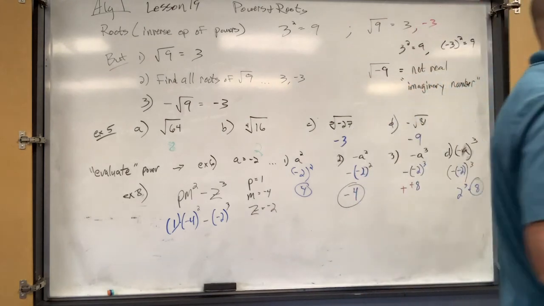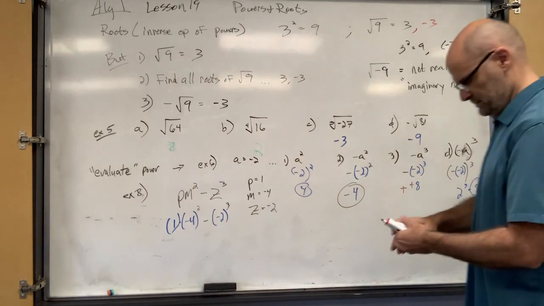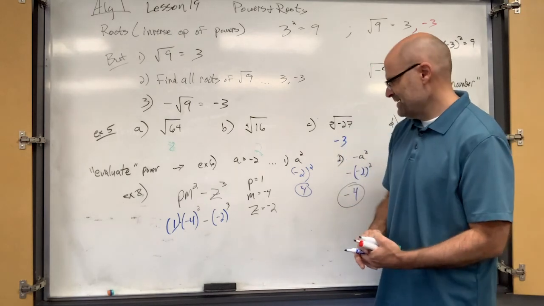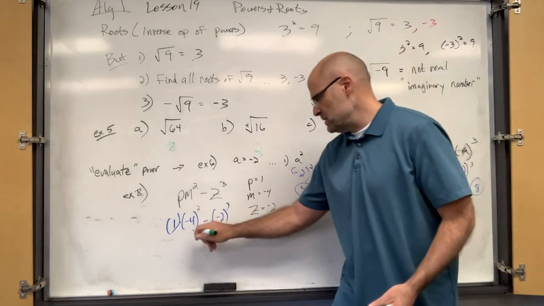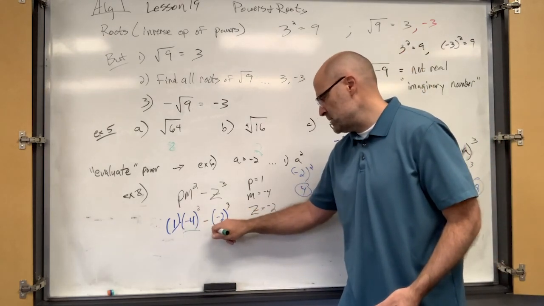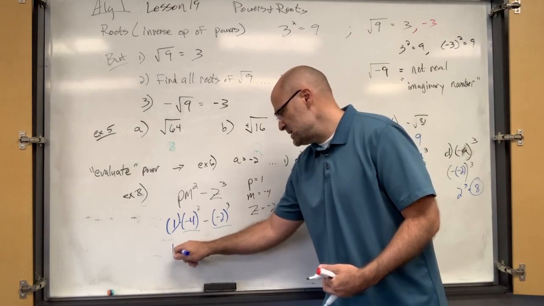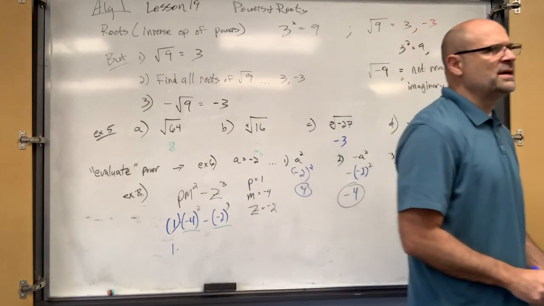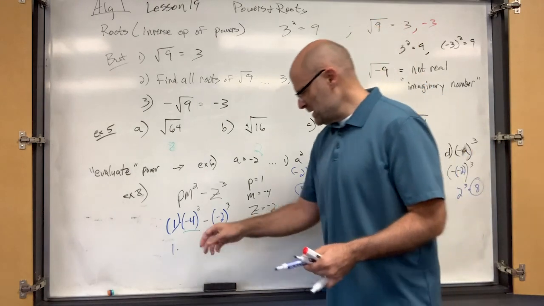Okay. So let's evaluate this. What do we do first? We do exponents first. So we're going to do that guy, and we're going to do that guy. Everything else is staying the same. This 1 stays the same. Whenever you have a 1 times something, you can really just ignore it. So don't really worry about that, but we're going to copy it down anyway.